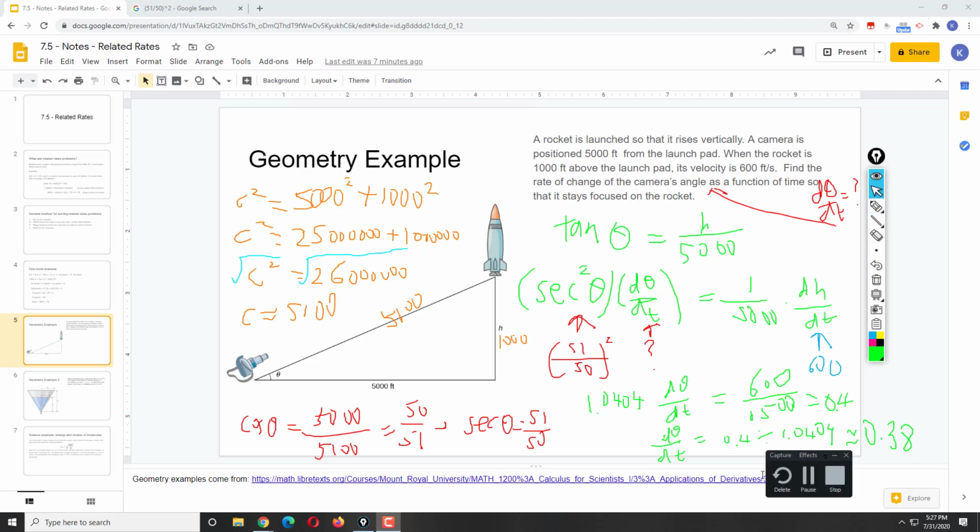Sorry, I made a mistake here. Careless mistake. This is 5,000, and I copied it down and turned it into 1,500. That's not the same thing. It should be 5,000, not 1,500.